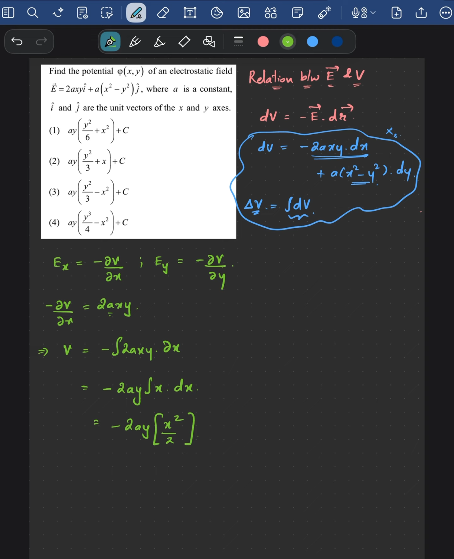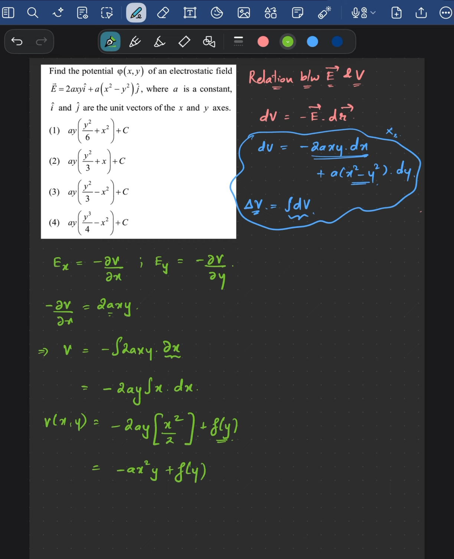Because you're doing a partial integration with respect to x, your integration constant will be some function of y. If you remember, any function of y will be treated as a constant when you're partially differentiating with respect to x. So the same idea is carried forward in integration as well. So we partially got V as a function of x comma y to be equal to minus ax squared y plus some function of y.